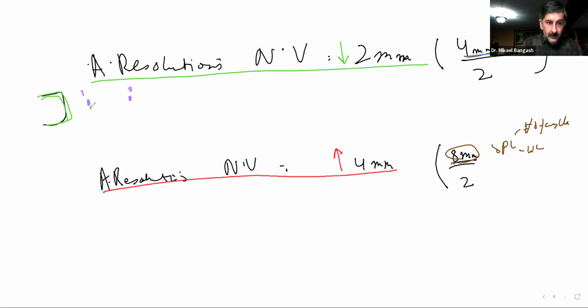But right now we are talking about a circular transducer. Now, guys, if this distance here between these two structures was 2 millimeters or more, that will give us a good axial resolution.